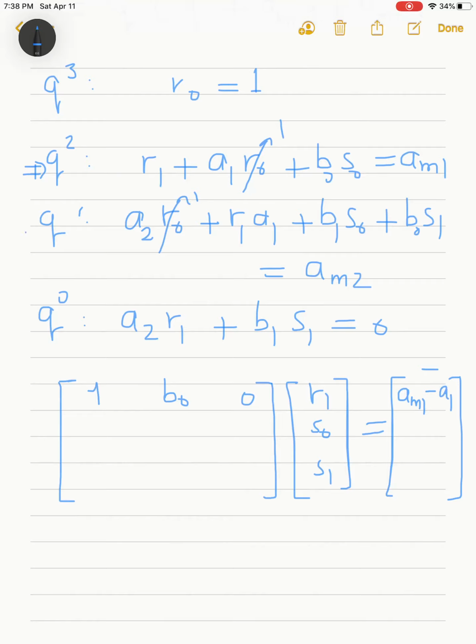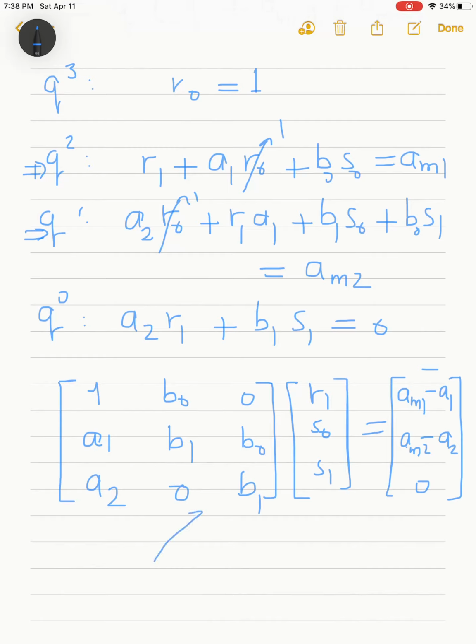The second equation would be A1 times R1, B1 and B node, and that should be equal to AM2 minus A2. And finally A2 times R1, here we have 0, and B1 times S1, that will be equal to 0.